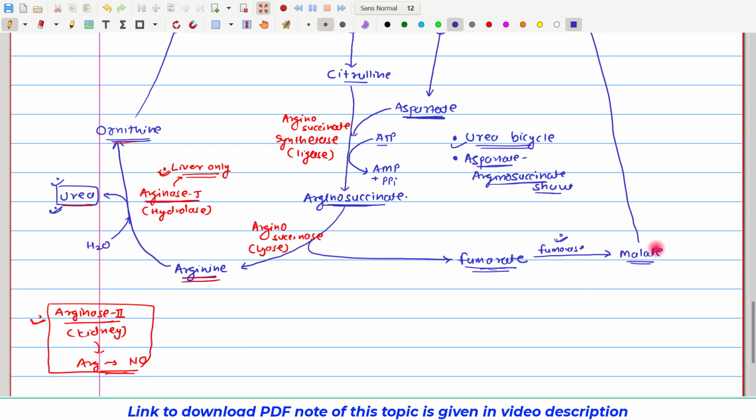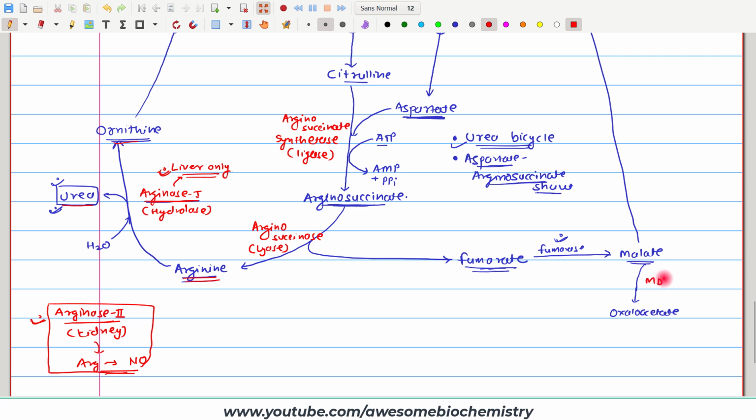So this malate, instead of going into the mitochondria, can get converted to oxaloacetate by the enzyme malate dehydrogenase, which is also found in the cytosol. And oxaloacetate is a very good starting material for gluconeogenesis, so it can be converted to glucose.